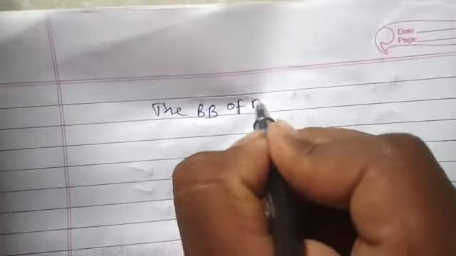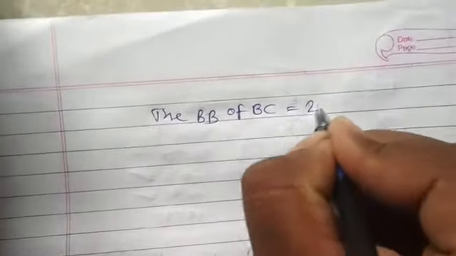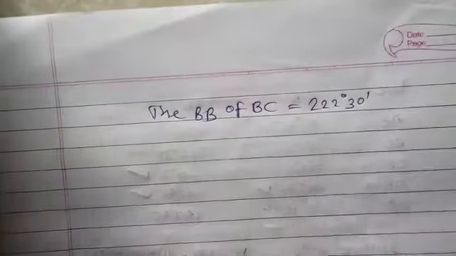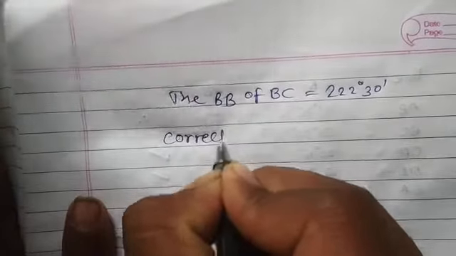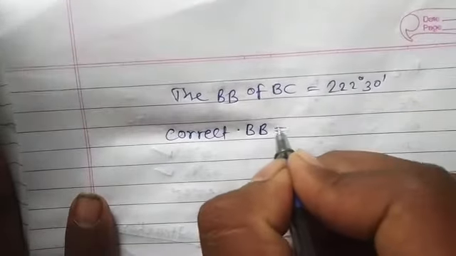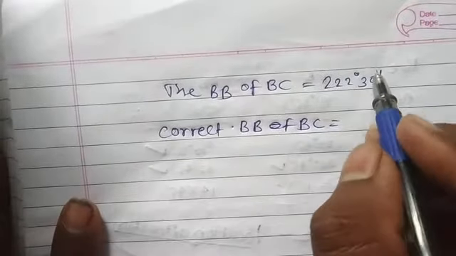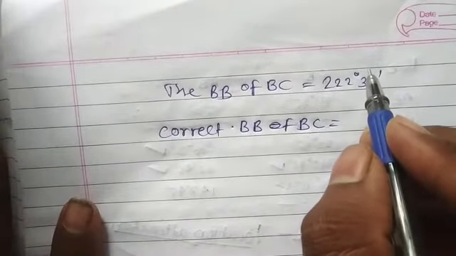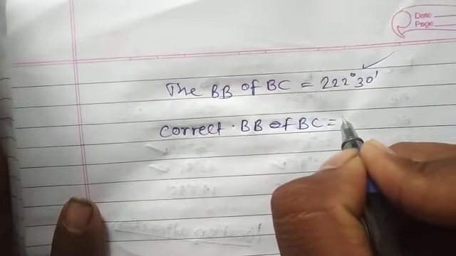The back bearing of BC is 222 degree 30 minutes. Okay, so the correct back bearing of BC will be lesser by 1 degree 45 minutes than this bearing, so we have to deduct the error from this.